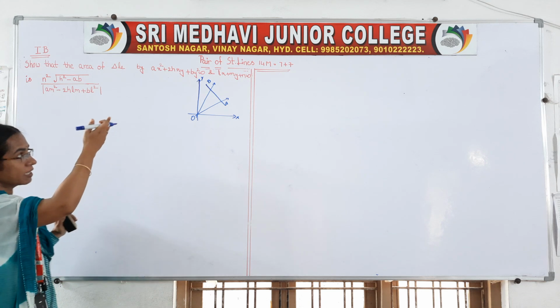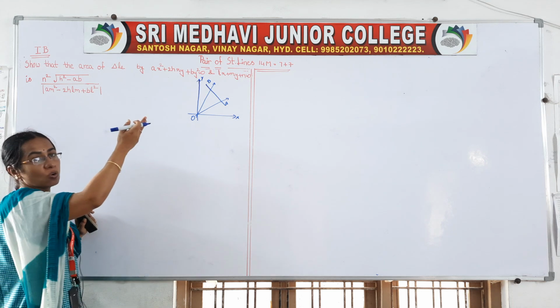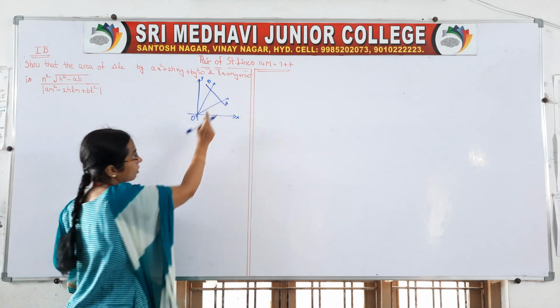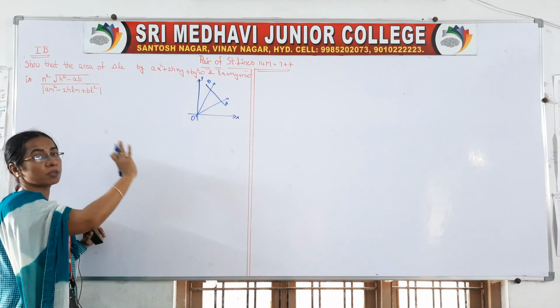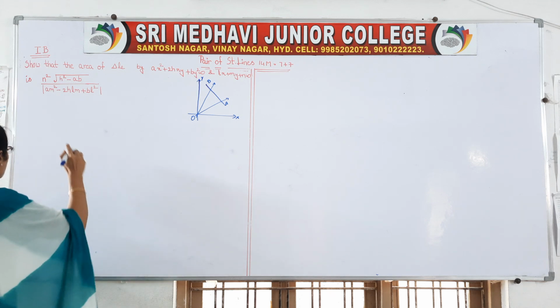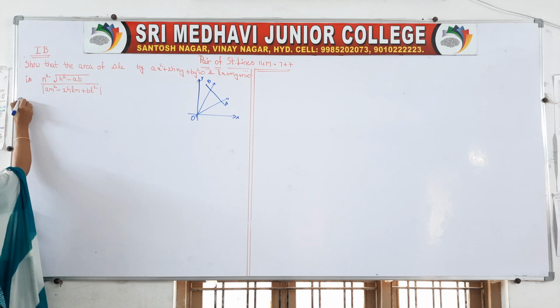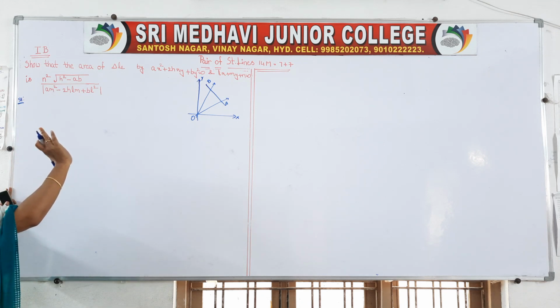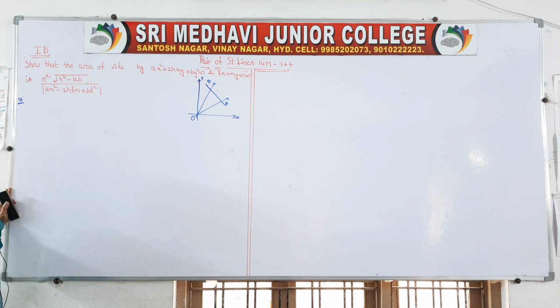We can write it as a combination of OA and OB, two lines, and this is the line AB. We have to prove that the area formed by these three lines is this one. This is a show-that problem, so at the end you have to get the area of the triangle OAB equal to this.